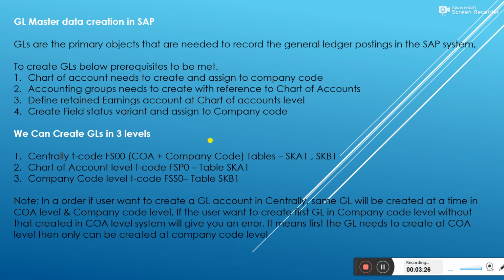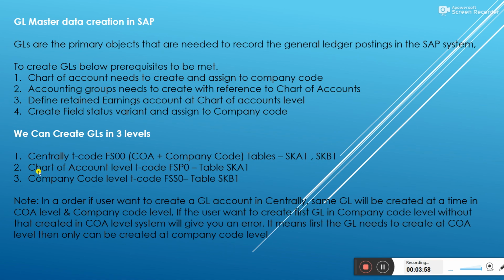It could be configuration data, master data, or transactional data. Any data will be stored in SAP in the form of tables. If you create a GL account centrally, the data will be updated in two tables. Why two tables? Centrally is a combination of chart of accounts level and company code level. The chart of accounts level table is SKA1 and the company code level table for a GL account is SKB1.